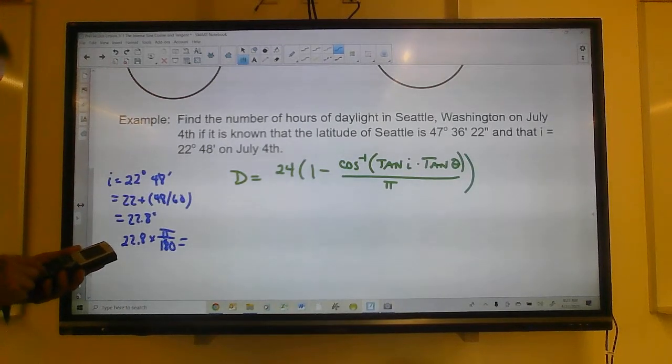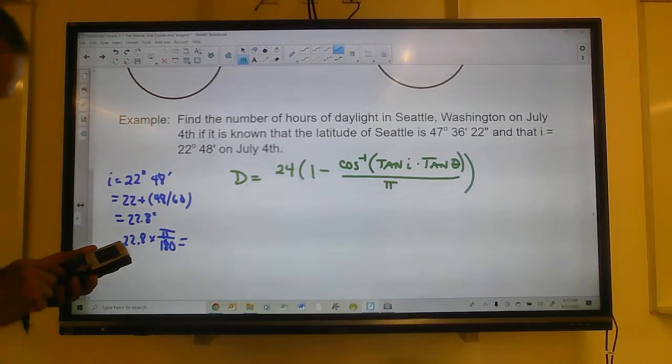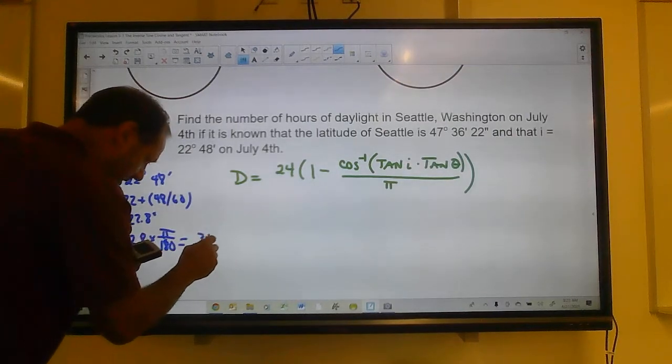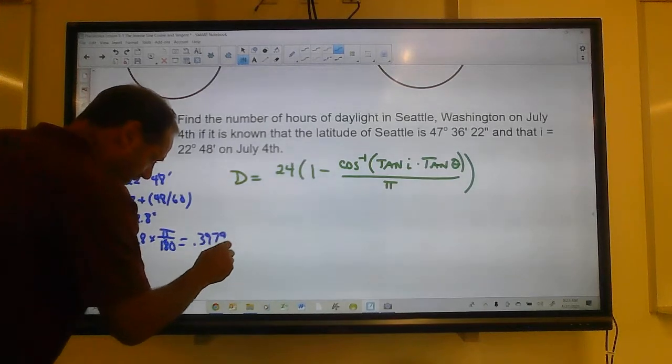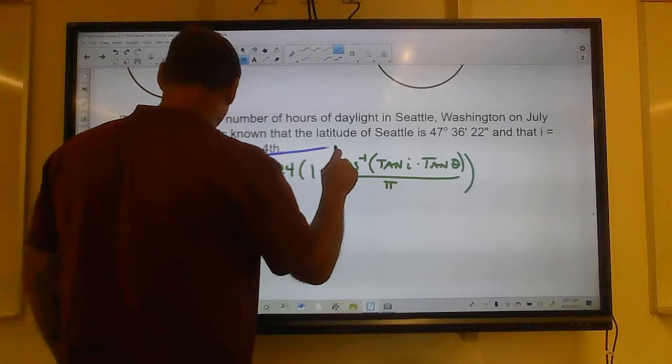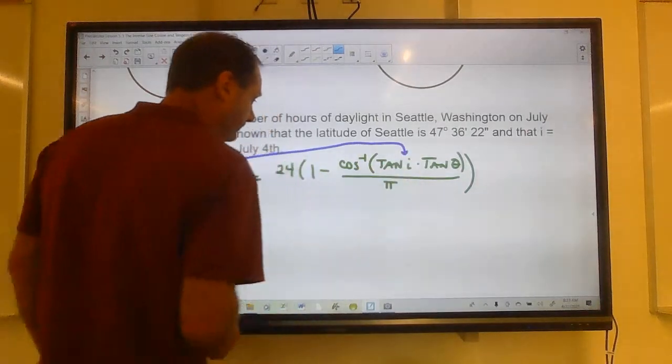So 22.8 times pi divided by 180 is 0.3979 radians. This is going to go here.